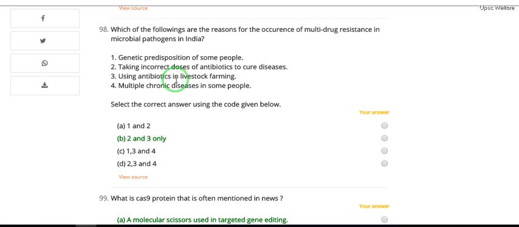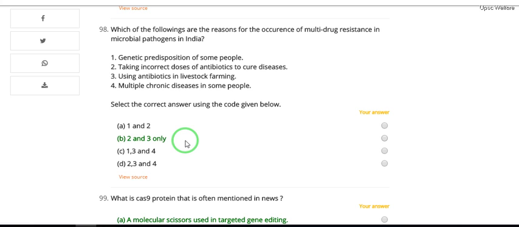So in this situation, which one is going to be correct here? B is taking an incorrect dose of the antibiotic to cure disease, of course, because as we know, if incorrect doses are taken, bacteria will develop resistance against that antibiotic and will not be killed by it. So 2 is absolutely correct.